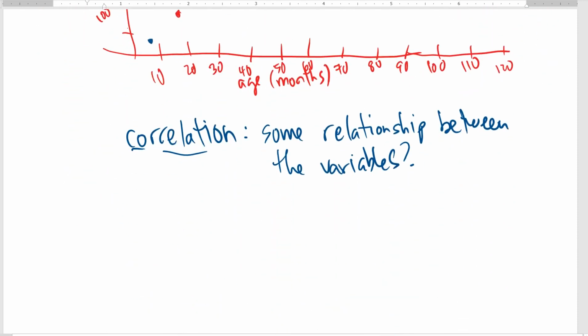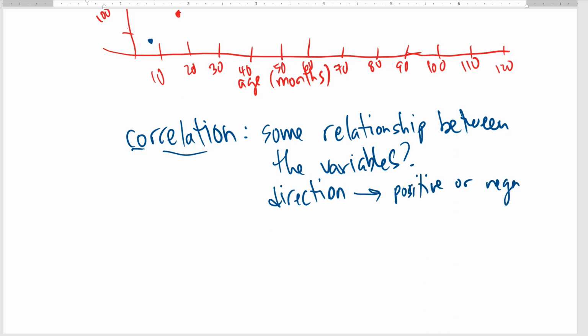So when we talk about correlation, there's two things that we look at. The direction: is it either positive or negative? And the strength: is it strong or weak?